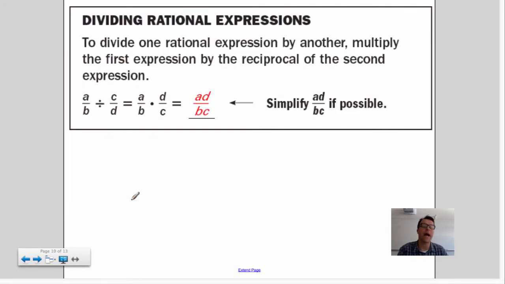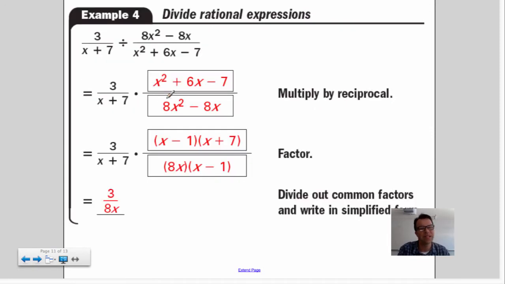And then dividing rational functions. Dividing is really the same as multiplying after you take the reciprocal of the second rational expression. Again, nice move here. You've got a over b divided by c over d, and it becomes a over b times d over c. So really, dividing is just multiplying.